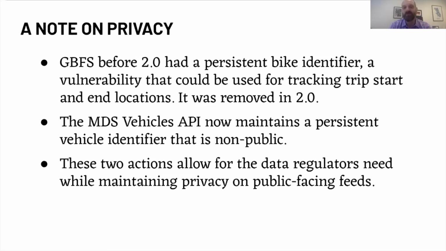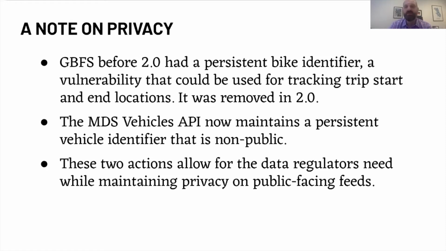And what we saw was, you could potentially figure out where someone went or where they came from by looking at GBFS and seeing where the bikes went to, even though it would disappear during a trip. I don't want to get into the technical weeds too much, but you could potentially find out information about locations. And GBFS removed that because of the privacy concerns in 2.0.